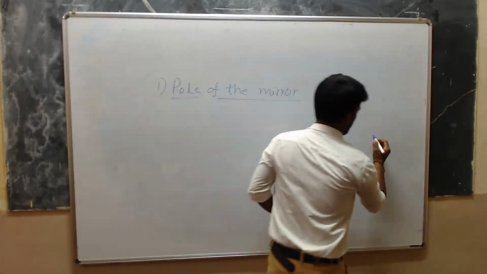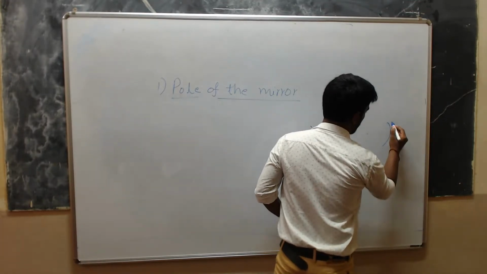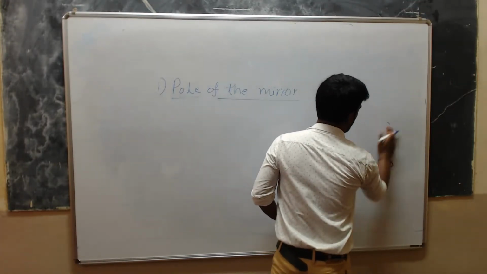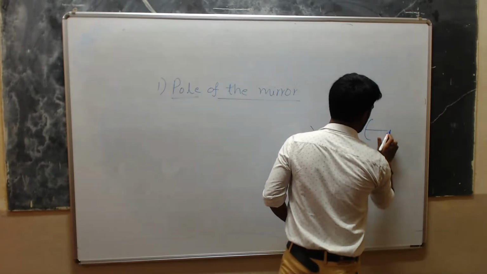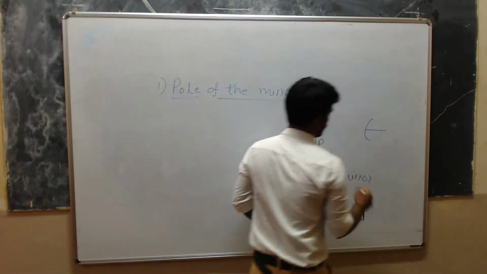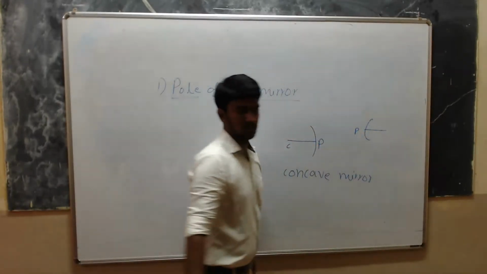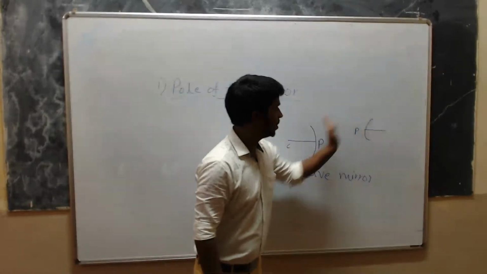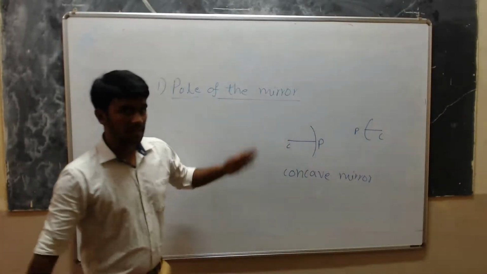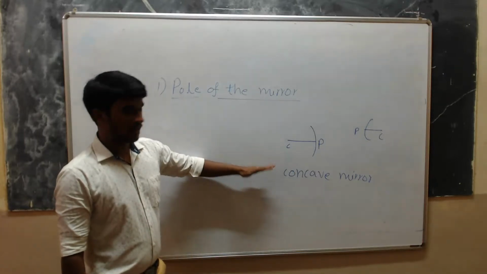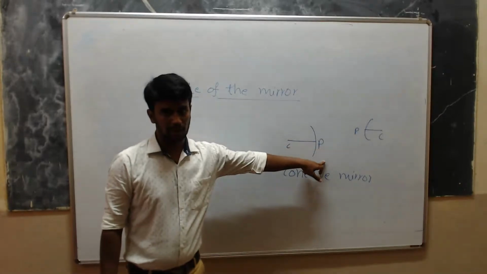Or suppose the reflecting surface is outwards, we can draw like this. For a convex mirror, we can represent the pole of the mirror like this, because the reflecting surface is outwards, right? The exact midpoint of the mirror is called the pole of the mirror.